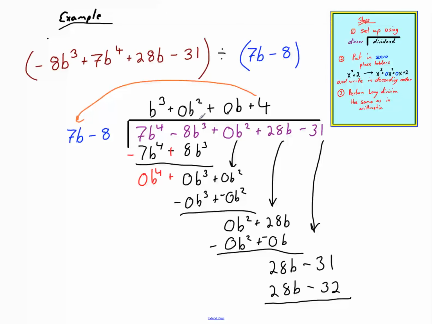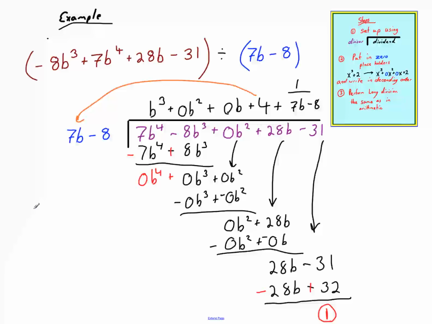And now I'm going to subtract. So I'm subtracting, which changes this to a positive. And negative 31 plus 32, and I get 1. And this is my remainder. So remember, we bring our remainder up top. So that means it's plus our 1 over the divisor, 7b minus 8.